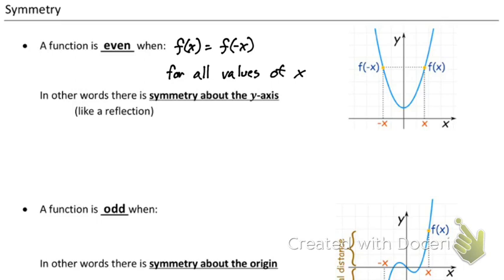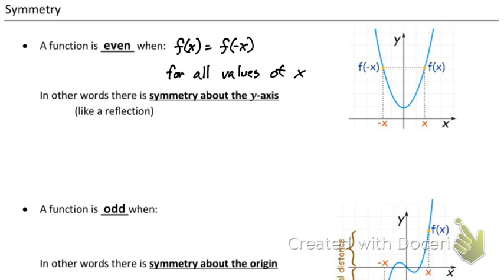So my example is over here. It's a parabola. If I plug 1 in, my y value would be 2. If I plug a -1 in, my y value would also be 2. No matter whether I'm plugging a positive or a negative x value in, I will get the same y value out.